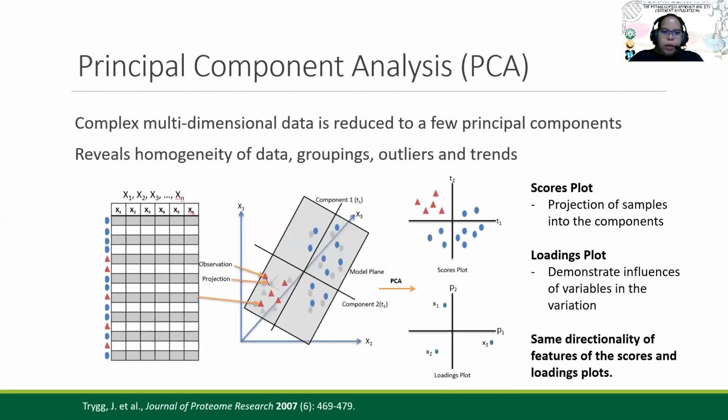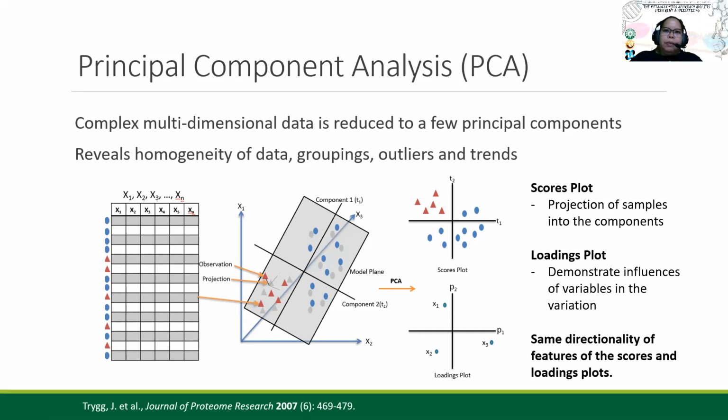Okay, so principal component analysis actually allows you to reduce those multidimensional data to a few principal components. What you can just imagine with LCMS data, GCMS data, you generate thousands of variables. And what principal component analysis does is it looks at the variations in the data that is present. Subsequently, it will group those variations into what is known as components.